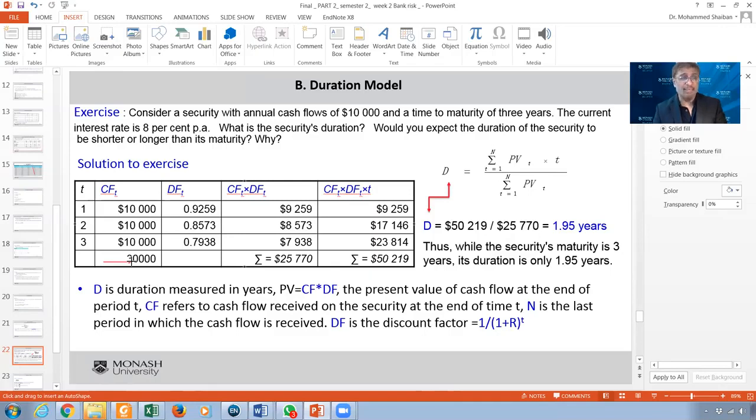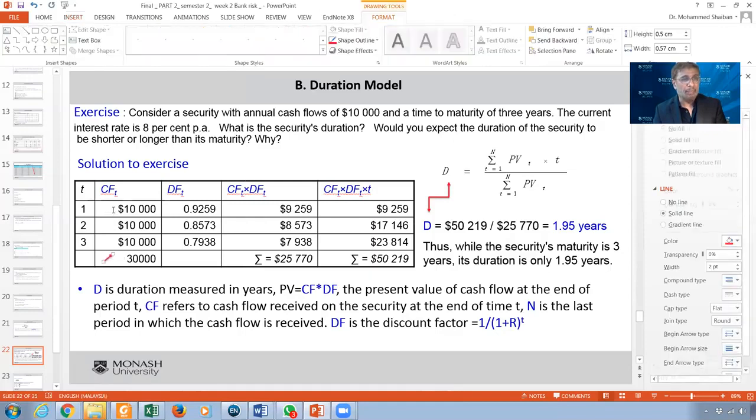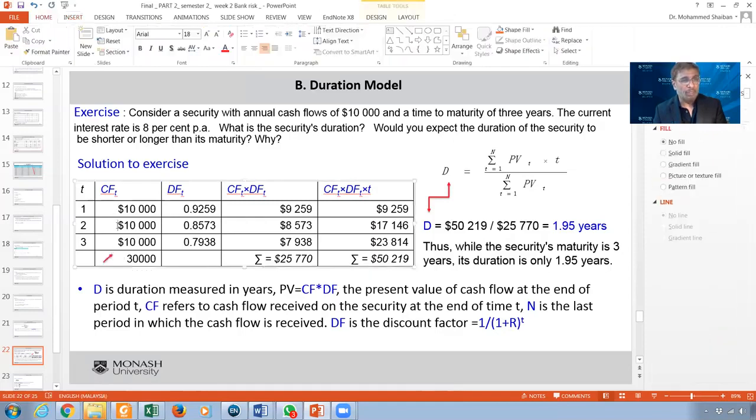Under the duration model, they say no. You have to take the payments, which are year 1, year 2, year 3, and discount them. This is the discount factor of year 1, year 2, year 3. The cash flow times the discounting factor makes it 925 for year 1. This is the present value of the first payment, the present value of the second payment, the present value of the third payment.